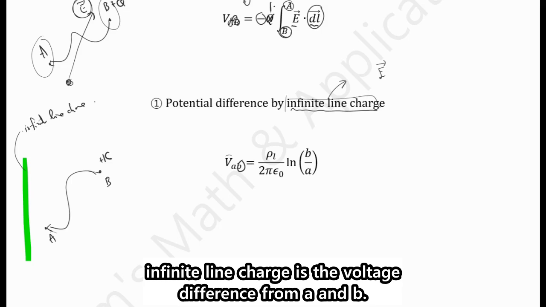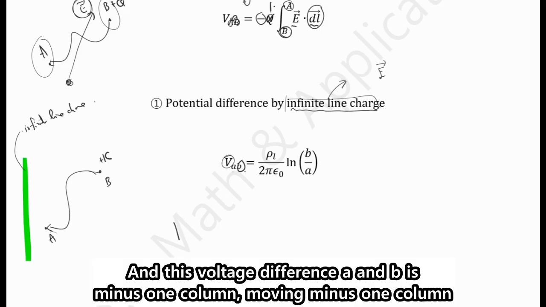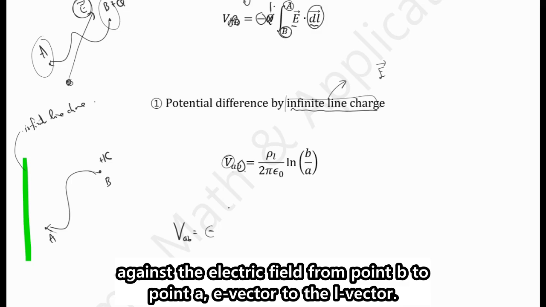This voltage difference between A and B is minus the integral from B to A of E vector dot dl vector.